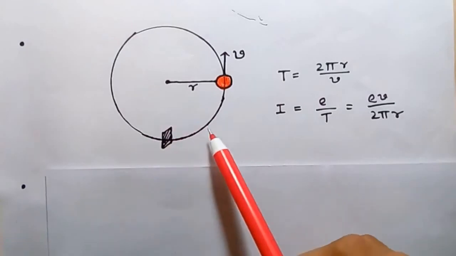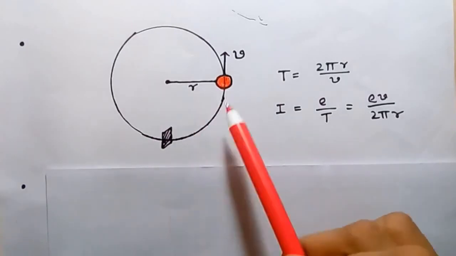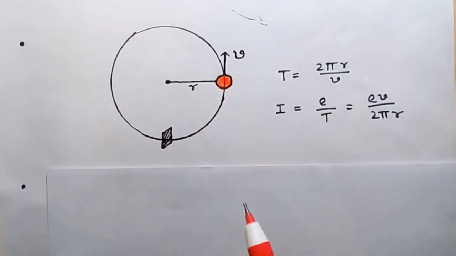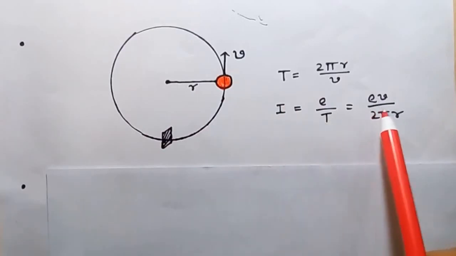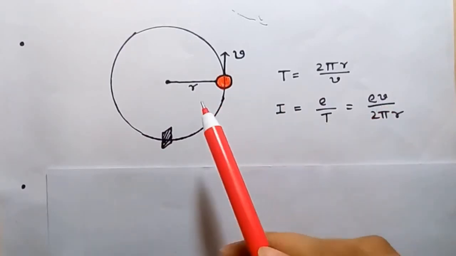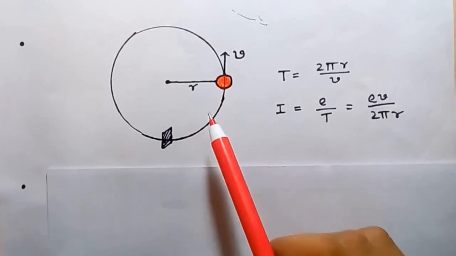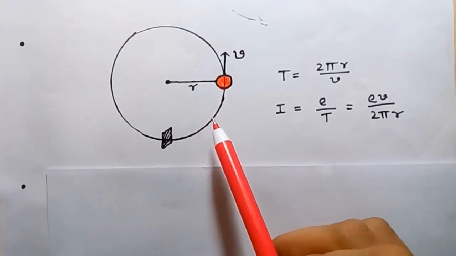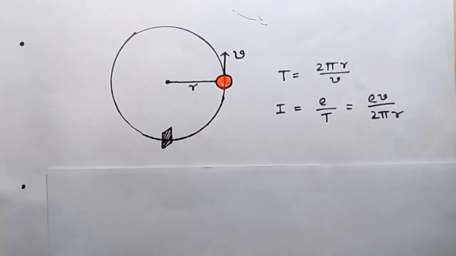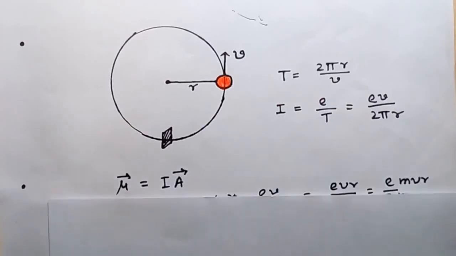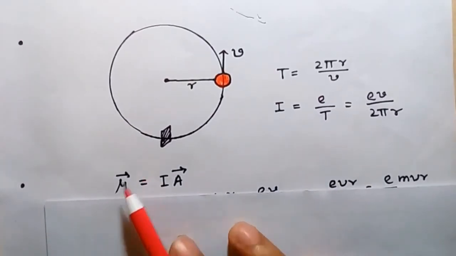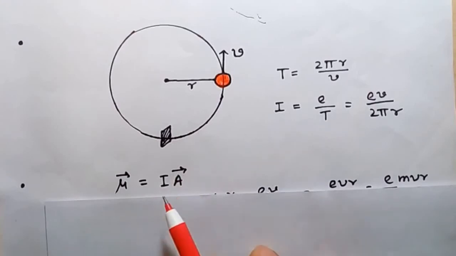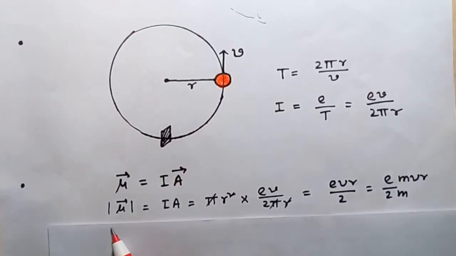When this electron is revolving in this circle, it is creating a current of magnitude ev by 2 pi r. And we know when there is a current in a loop, it behaves as a magnetic dipole, and by definition the magnetic moment of that dipole is given by mu equals I times the area vector. So the magnitude of the dipole moment equals I, the current, times the area.